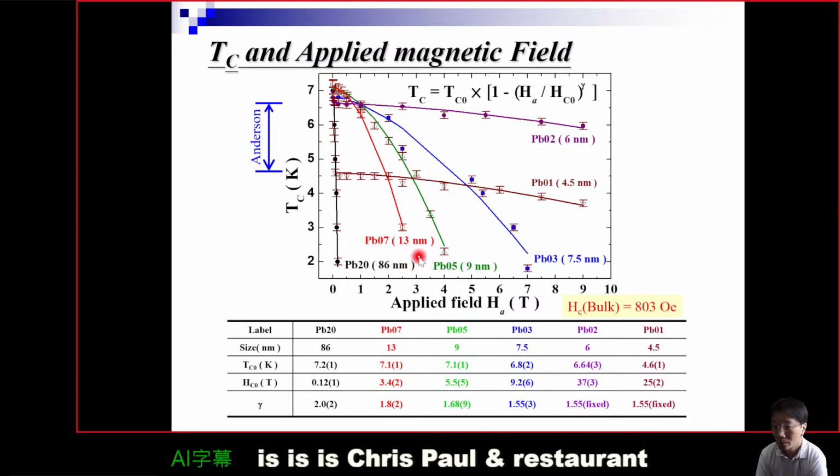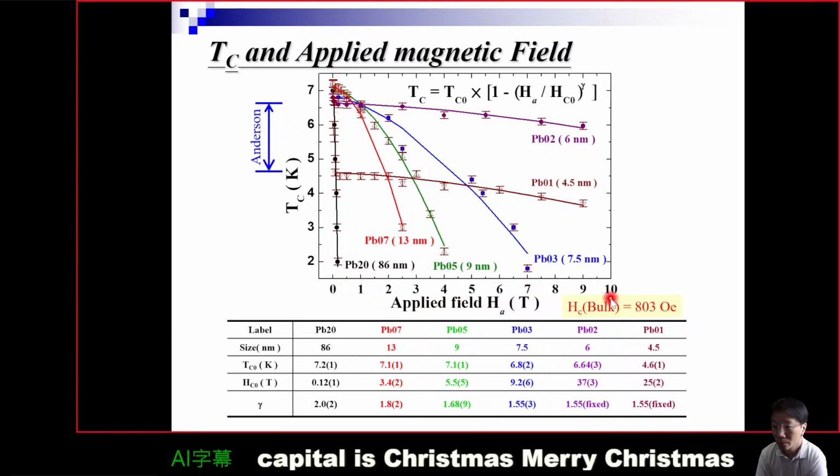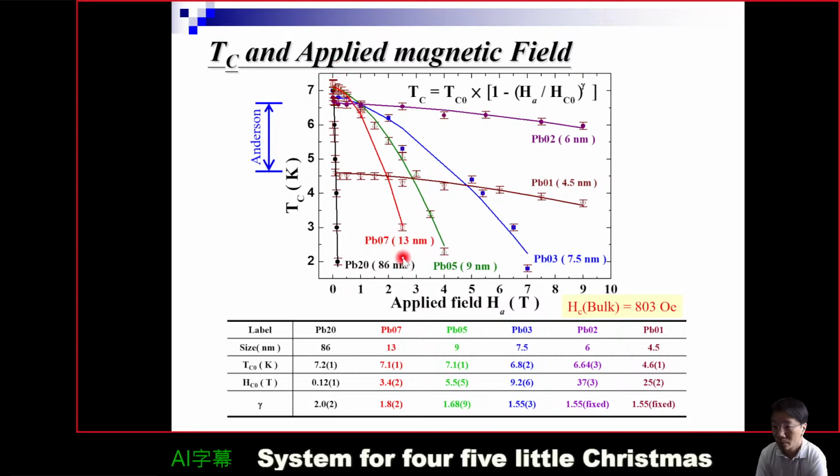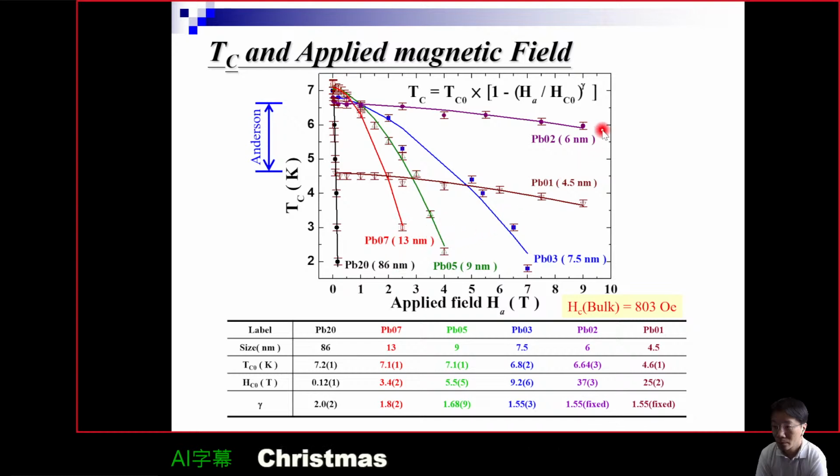So for this bulk-size lead particle, its critical temperature will decrease with the applied magnetic field very quickly. But when we reduce the size, you can find there are 30 nanometer, 9 nanometer, 7.5 nanometer, 6 nanometer, and 4.5 nanometer. The rate of decrease of its critical temperature gradually becomes smaller.